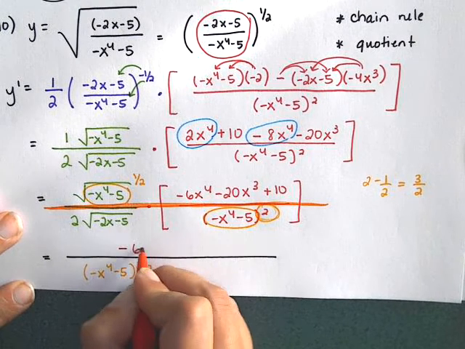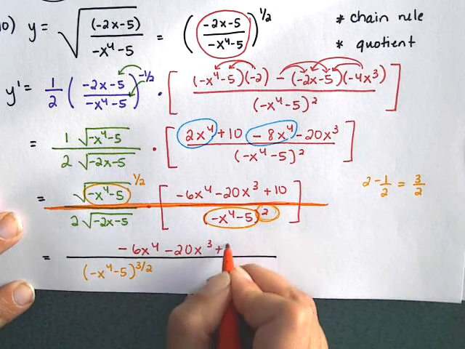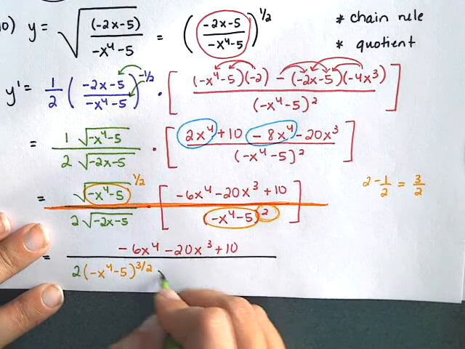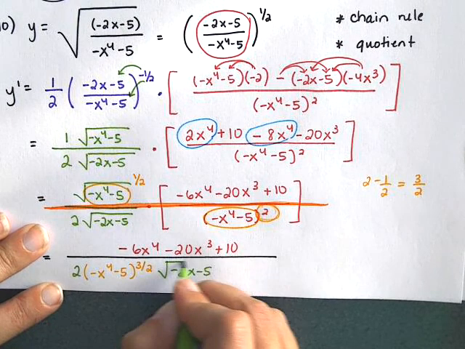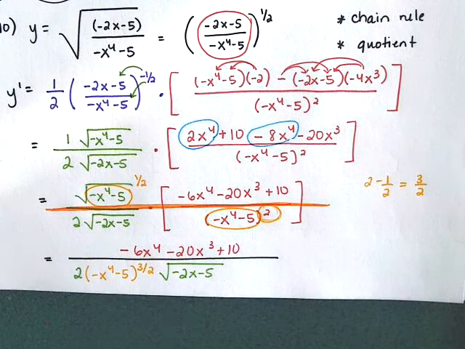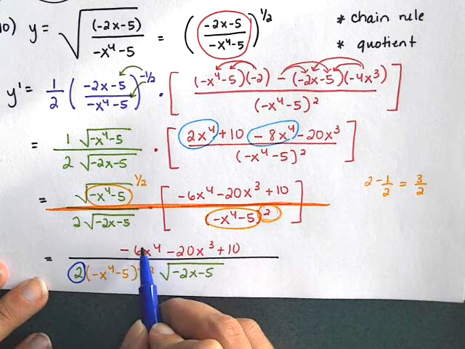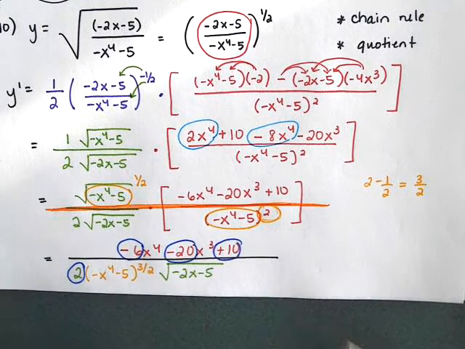I'm just going to copy the negative 6x to the 4th minus 20x cubed plus 10. And I'm going to put down here the 2 at the beginning and the square root of negative 2x minus 5. And then I notice that all of these coefficients, this is one big product, so this has a factor of 2, and all of these numbers have a factor of 2.